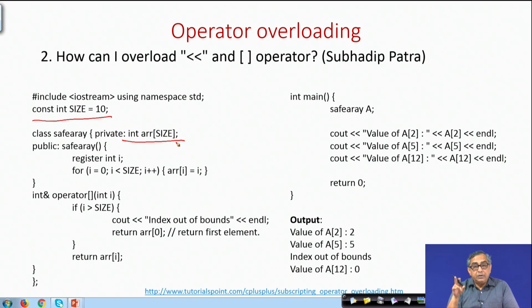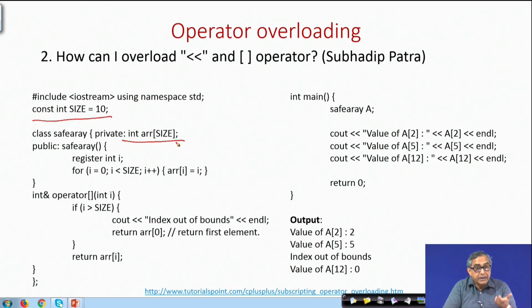But neither C nor C++ has a mechanism to check if you are doing an access which is beyond this. So, if it is 10 here, then you are allowed to access ARR 0 to ARR 9. What happens if I access ARR 12? It is an unpredictable result. So, here in C you cannot do anything about it, you will just have to make sure that you use the right index.